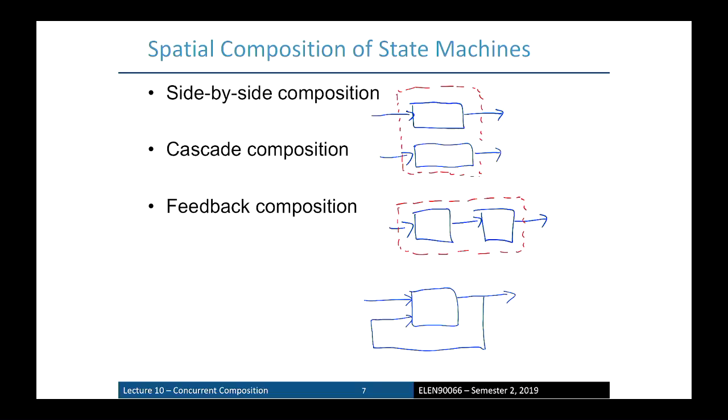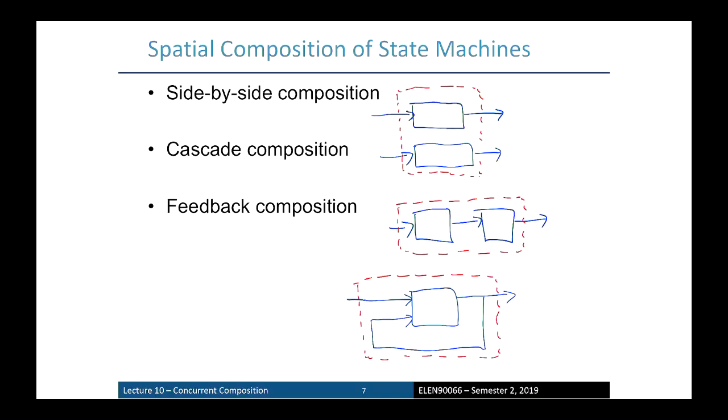And so from the outside, what we do is we just look at this. Okay, so these are 3 ways of lumping together state machines to compose a bigger state machine.